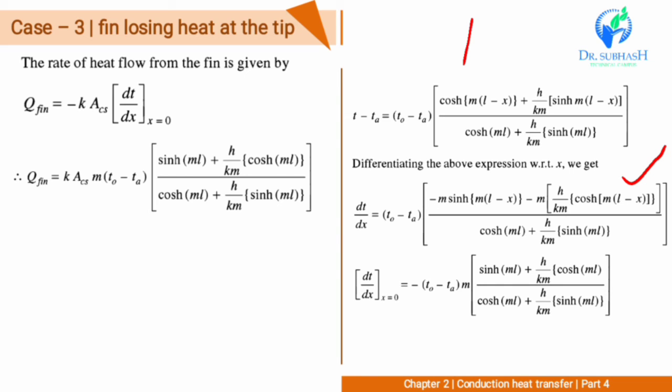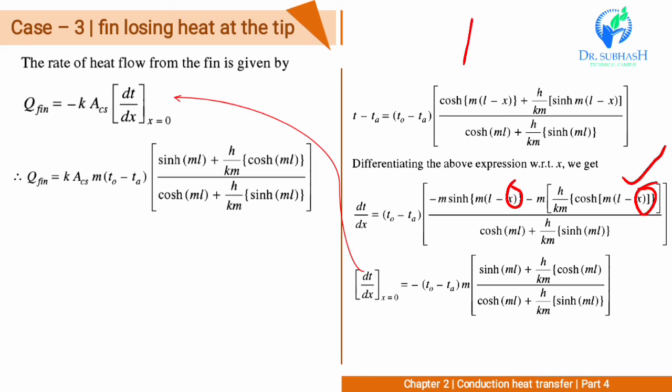We want dT by dx at x equal to 0. So, putting x equal to 0 in this equation, we get dT by dx at x equal to 0 is equal to minus T0 minus Ta into m inside the bracket sin hyperbolic ml plus h by km cos hyperbolic ml divided by cos hyperbolic ml plus h by km sin hyperbolic ml.